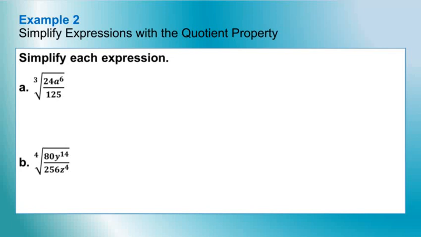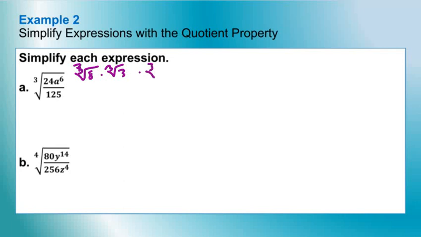Example 2, simplify the expressions with the quotient property. So all of these we're going to be dividing. So I need to find the cube root of 24. So cube numbers I can take out of 24 would be 8. So the cube root of 24, I could do the cube root of 8 times the cube root of 3.